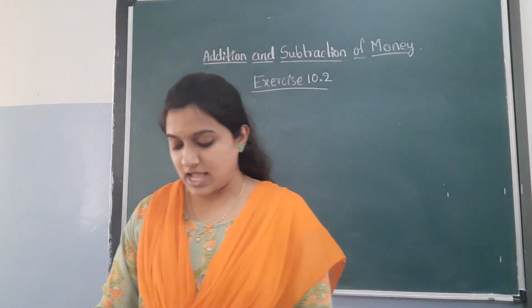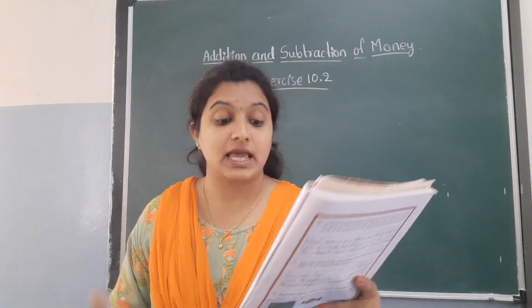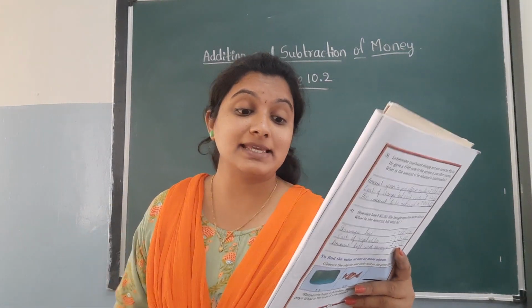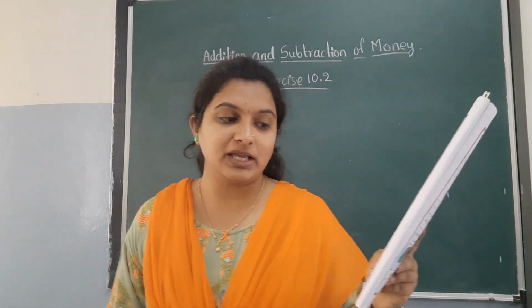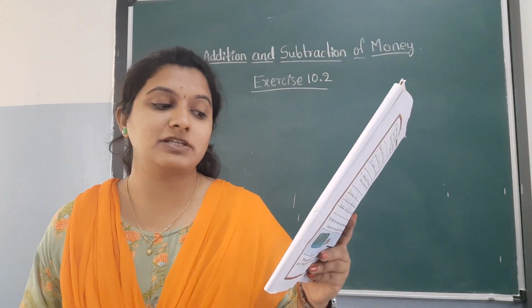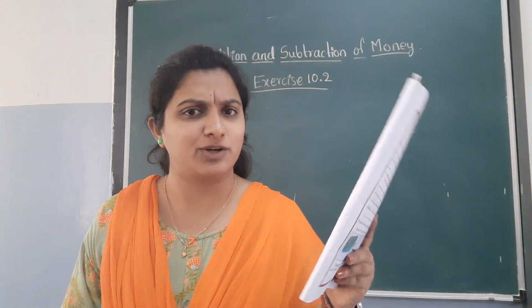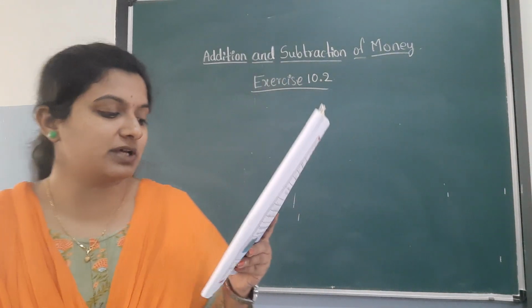Same. He wants to buy one pair of shoes. Cost is 399 rupees 99 paise. But he has only 25 rupees 50 paise. How much more money is needed to buy the shoes? First, which is a bigger number, 399 rupees or 25 rupees? 399 rupees. So write that sentence first.